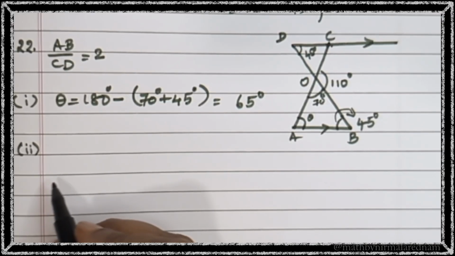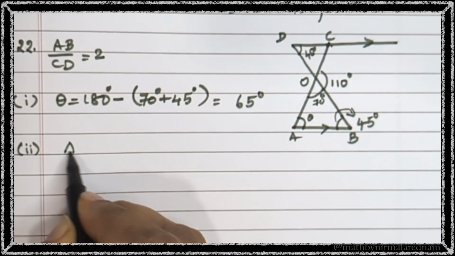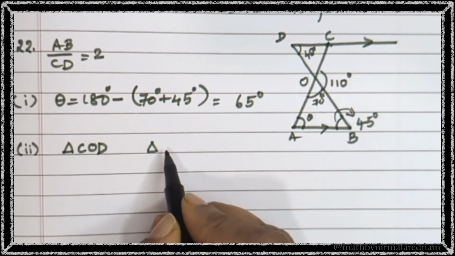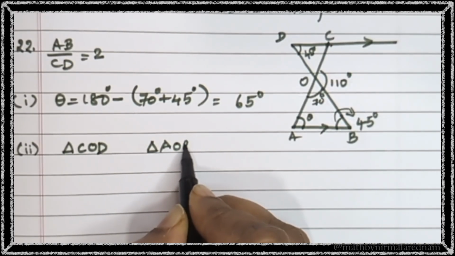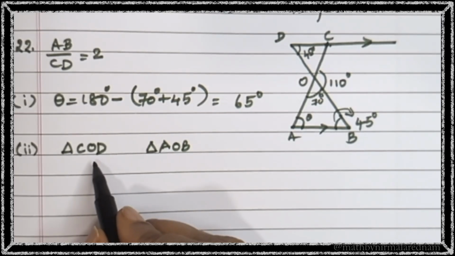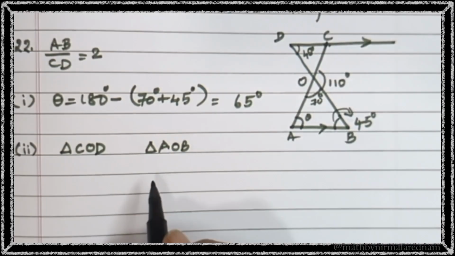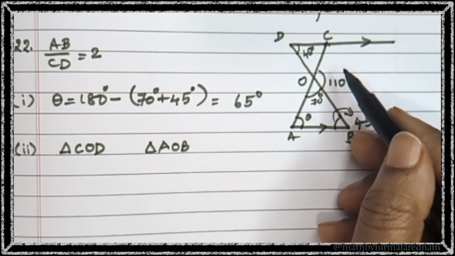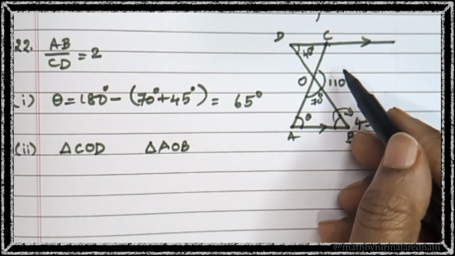Now you can see that if you consider triangle COD and triangle AOB, OB by OD is nothing but one of the ratios of the sides, and clearly here you can see that we have to look at the similarity of the triangles because we are talking about the ratio of corresponding sides.